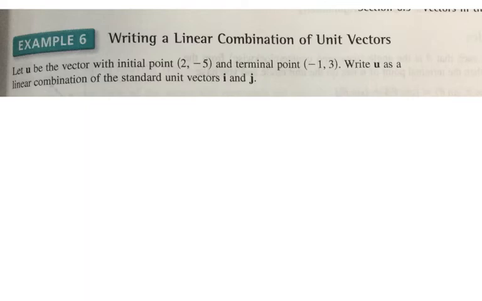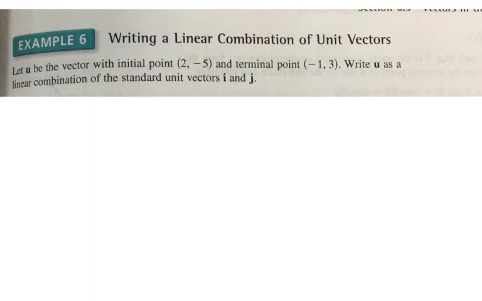So what we're going to be doing here is taking a vector given 2 initial points, and we want to write it as a linear combination of the standard unit vectors I and J. Sounds really complicated, but it's really not if you understand what all those things are saying.